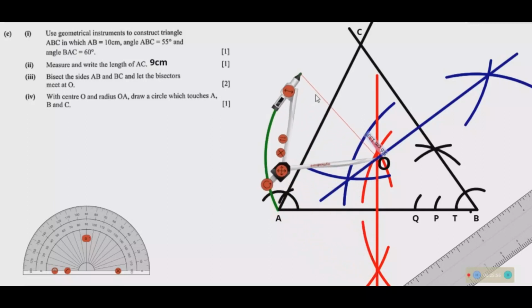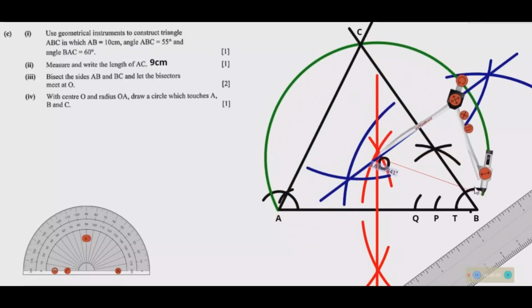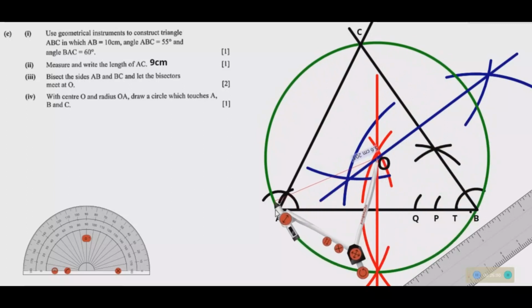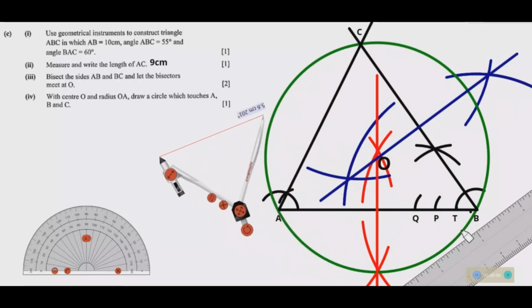So we can go ahead. Okay, if your drawings are okay, you see that the circle you are going to draw will touch the vertices, which are A, B, and C. These vertices are touched by the circle because my drawing has been okay.